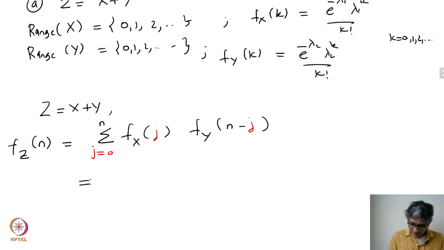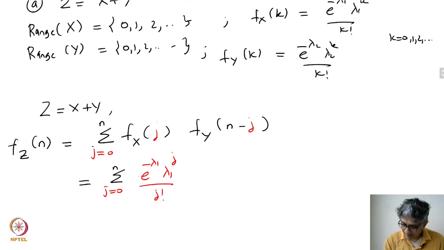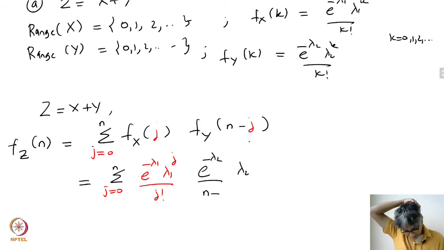So now I have to just plug in for f sub x and f sub y, right? So let me write that down. Summation from j equal to 0 to n. I have f sub x at j, so what will that be? e to the minus lambda 1, lambda 1 to the power j over j factorial. And here I'll have f sub y at n minus j, so e to the minus lambda 2, lambda 2 to the power n minus j, over n minus j factorial.